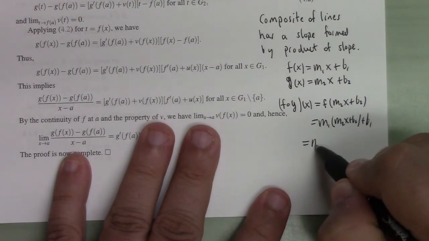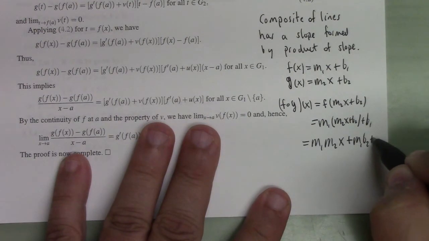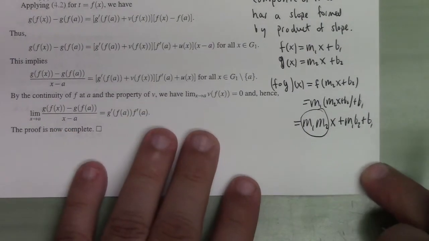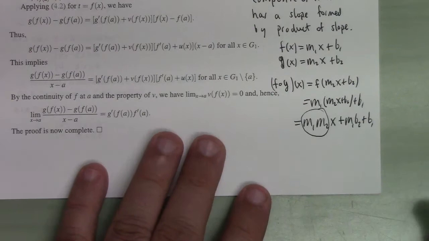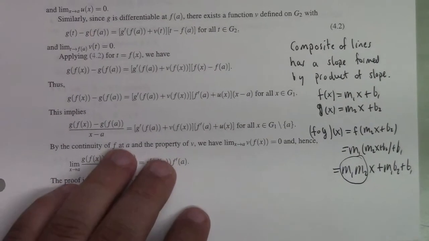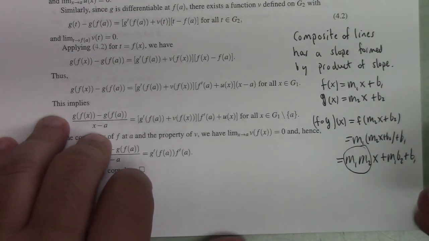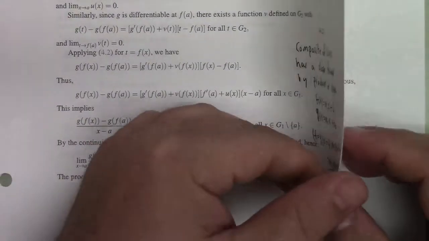In other words, it's m1 m2 x plus m1 b2 plus b1. My point is that this composite of two lines has the slope which is the product of the slopes of the lines composed. So the chain rule is actually very intuitive if we understand that the derivative is nothing but the slope of the best linear approximation to a given function, provided it exists. Anyway, I'll go on.